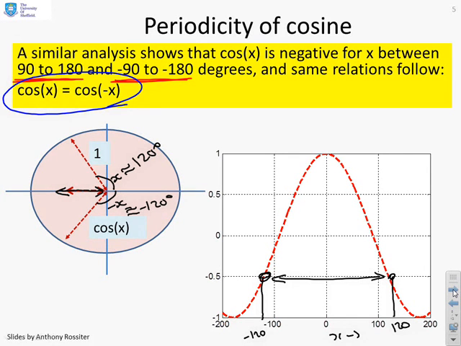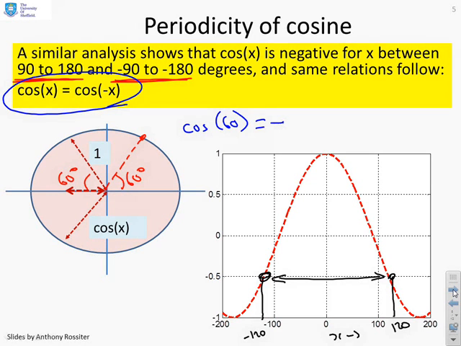Now the other thing you'll notice is there's a sort of symmetry about the value. So if I clean up this circle a bit, and what I'm going to do is add another value on here, where this is 60 degrees, and this angle in there is 60 degrees, and hopefully what you can see is that cos of 60 equals minus cos of 120.